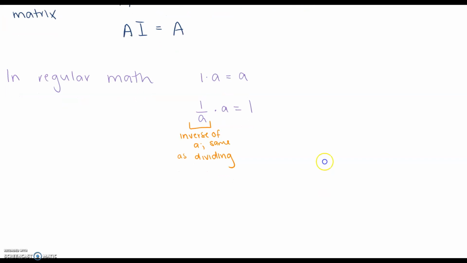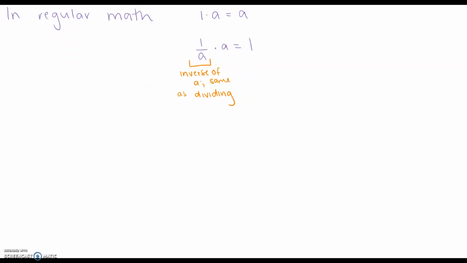So the question is, is there an analogy? Is there a way to do this for matrices? And obviously the answer is yes. If I have matrix A, is there an inverse of A that I can multiply by so that I'm left with the equivalent of 1?